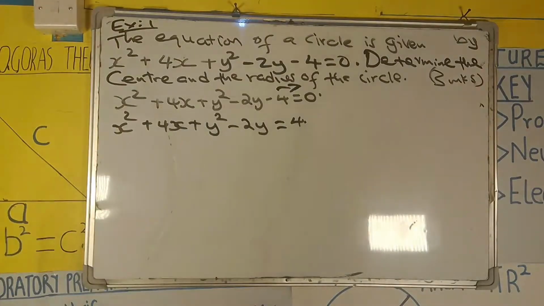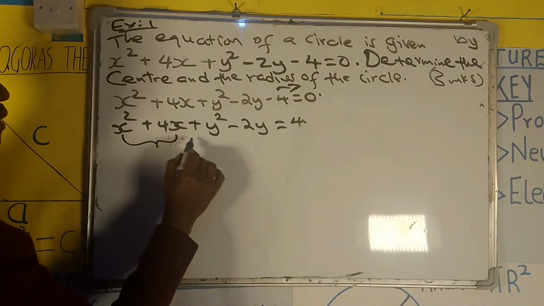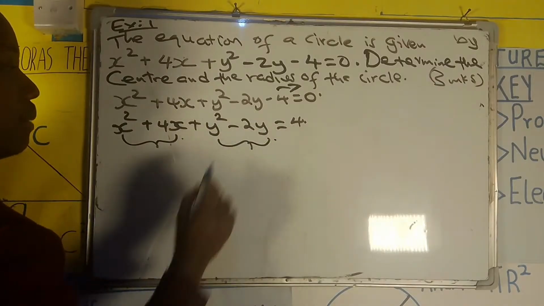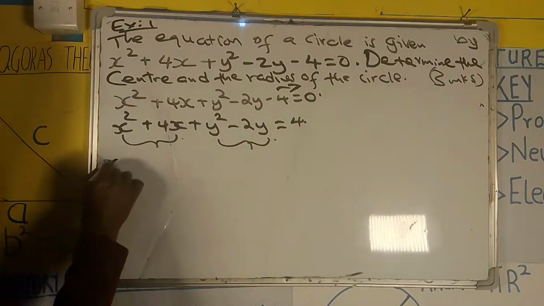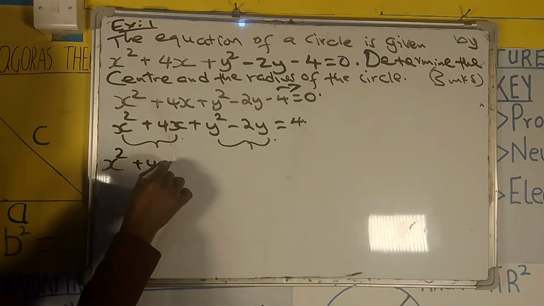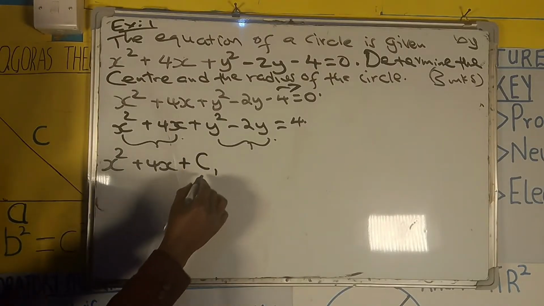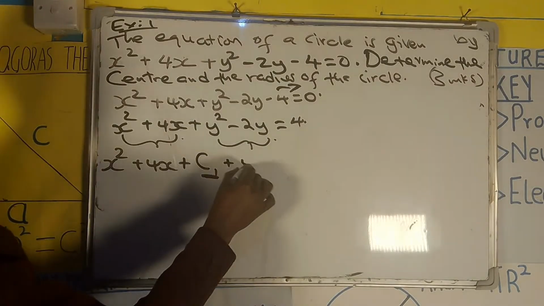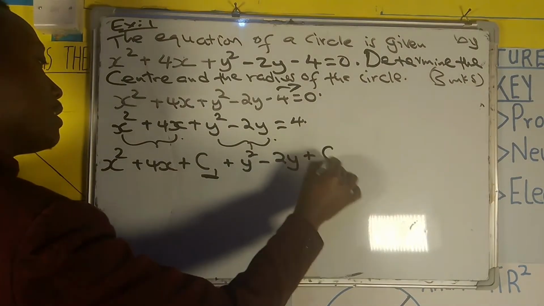Having done that, the next thing we are going to do is, looking here, we don't have a constant. Looking here also we don't have a constant. So it will be x squared plus 4x, because we don't have a constant we can say plus c1, then plus y squared minus 2y plus c2.